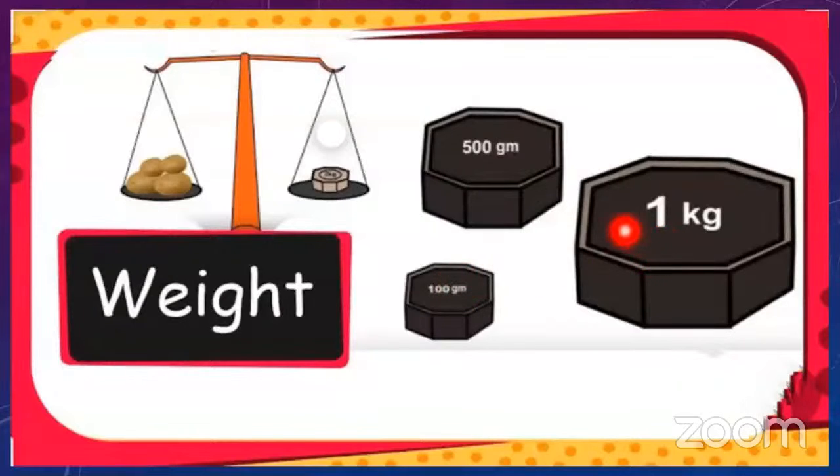When the weight is less than 1 kilogram, it is measured in grams. In this pan there is a weight of 500 gram, or half a kilogram. The weight is put in this pan, and more potatoes are added over here, and when it is at the balance or steady position, at that time it is half a kg of potato.